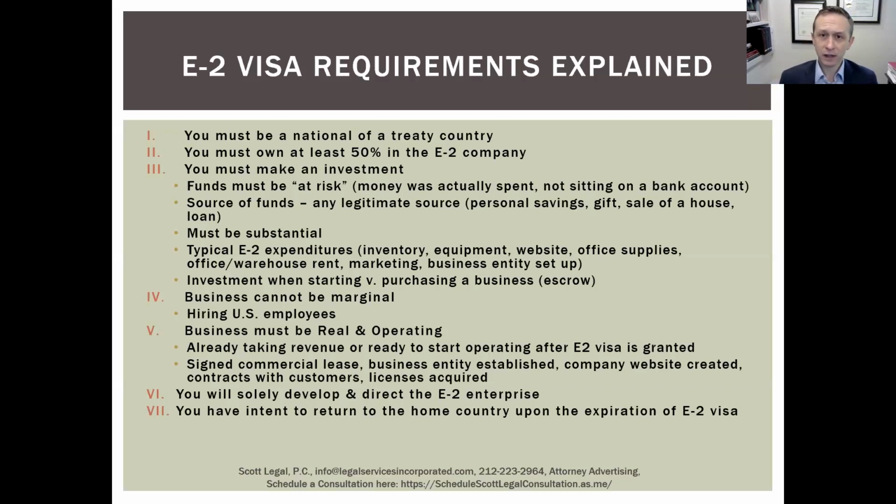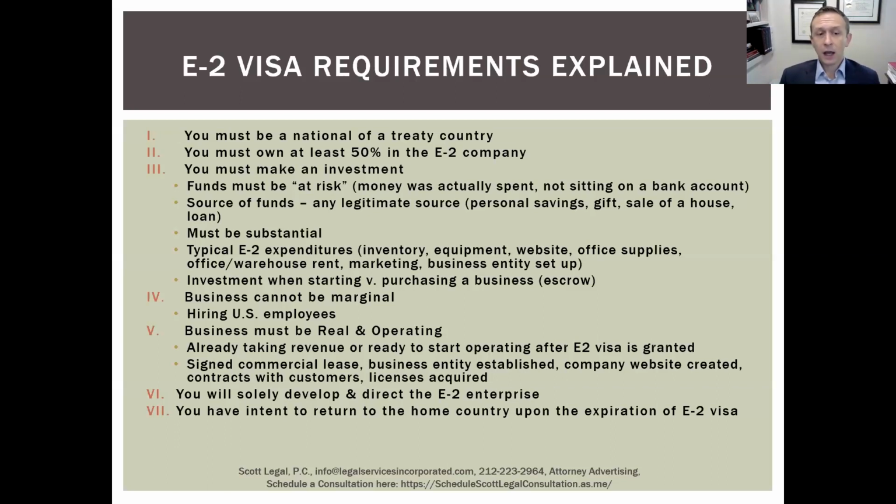And as soon as that visa is granted, you're going to buy your flight, you're going to get on the plane, you're going to come to the US, and you're going to be able to begin operating the business. That you have the office space lined up, you have insurance lined up, you have any licenses you need. If you need a worker, that person's lined up. If you are selling any products, the inventory is purchased and is waiting for you to arrive. So that's the way to think about the real and operating requirement.